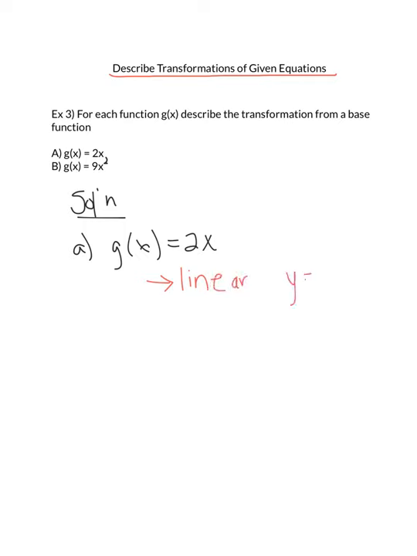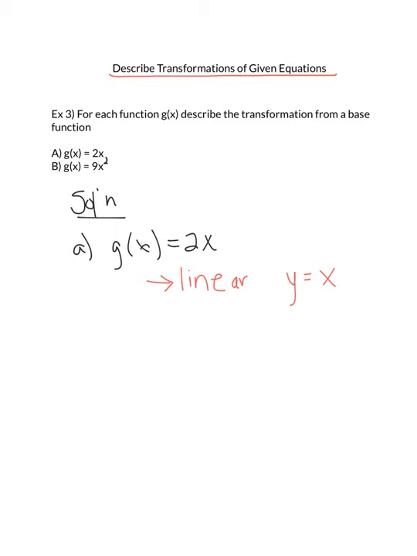So we're going to start with our solution for a. So a says g of x is equal to 2x. Right away, I'm really hopeful that by now you can at least see that the base function is linear, or y equals x, okay?